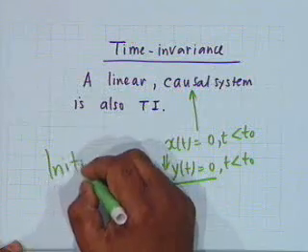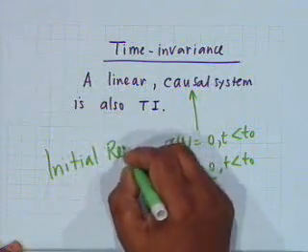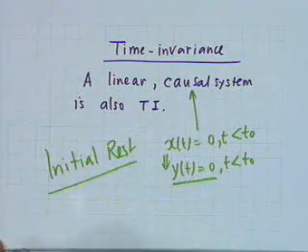Initial rest means that till the input x of t becomes non-zero, the output must stay at rest. The output cannot rise to a non-zero value. Instead of writing this again and again, we will say the system is at initial rest.